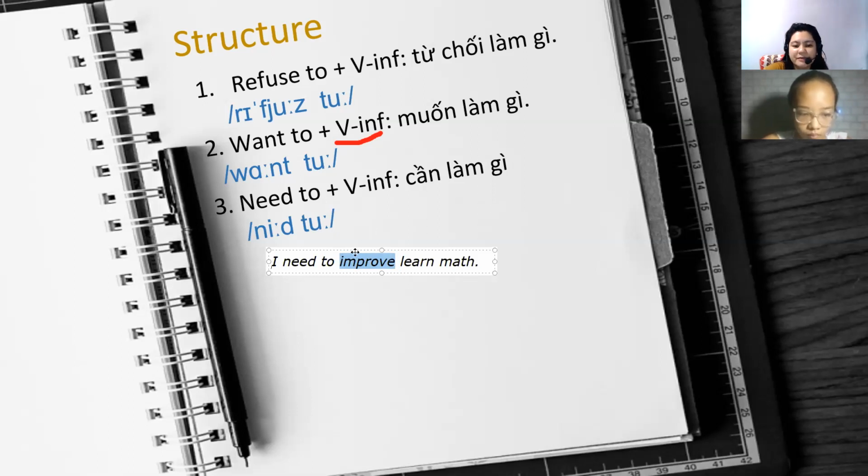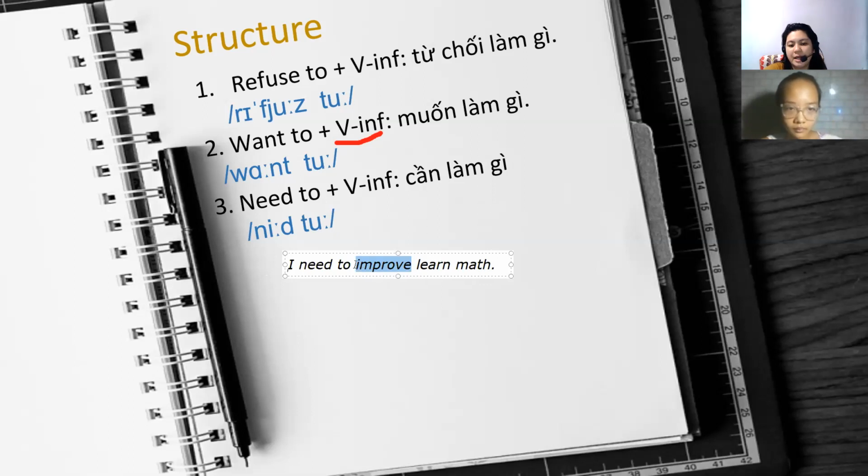An example of this is I need to study English. I need to do something. I need to learn math. That's the correct example. Now, can you give me another example, Olivia?